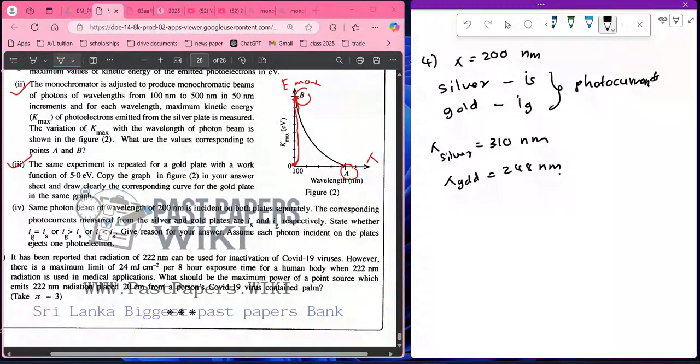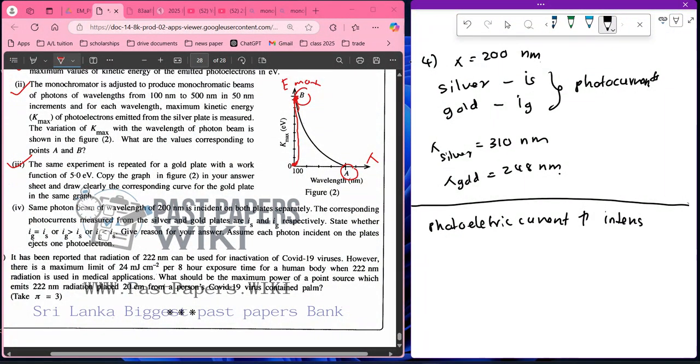To increase the photoelectric current, the intensity of the radiation should be increased. If we want to decrease the photoelectric current, we should decrease that intensity.